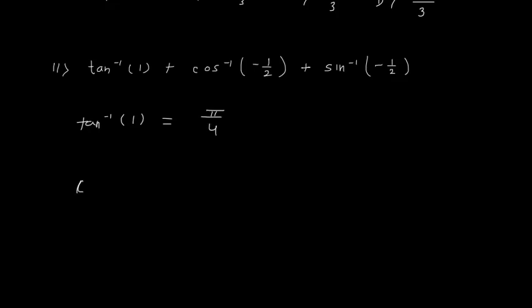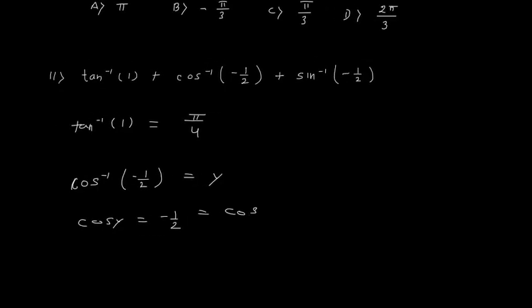Then cos inverse minus 1 by 2. If I say it is y, then cos y is minus half. Let us take out the minus: cos 1 by 2 is 60 degrees, so it is pi upon 3.